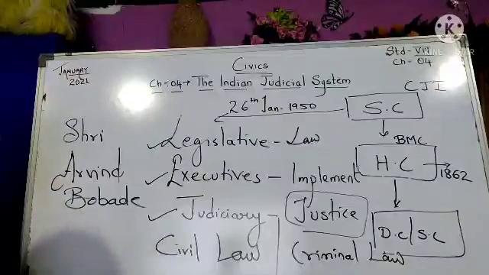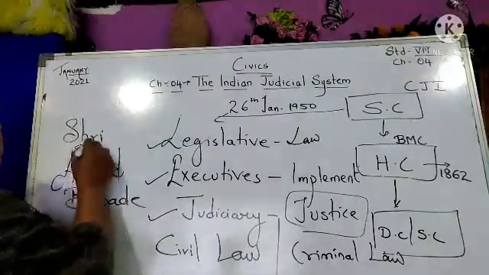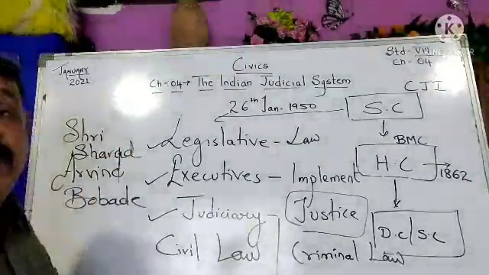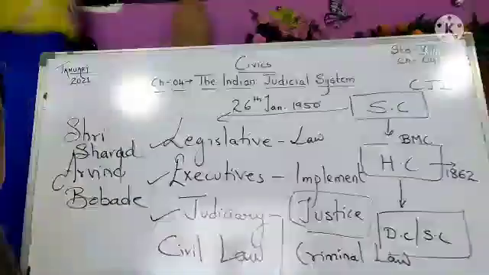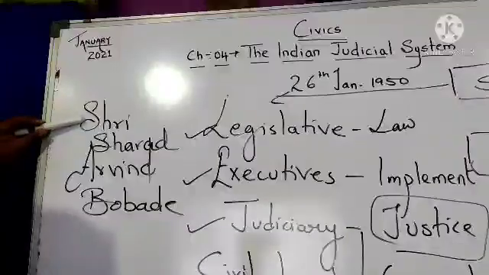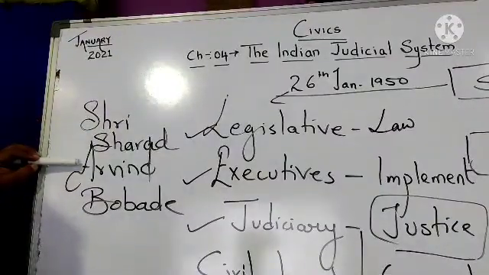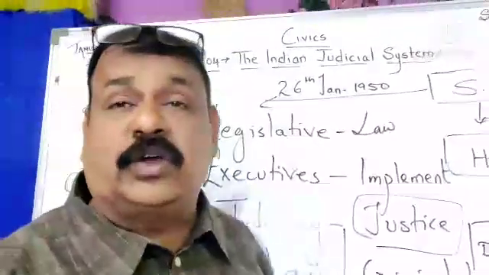The complete name of this man, the Chief Justice of India, is Sharad Arvind Bobade. I think I'll get the camera a little closer. Can you see this, my dear student? Who is the present Chief Justice of India? It is Shri Sharad Arvind Bobade. He is the 47th Chief Justice of India.